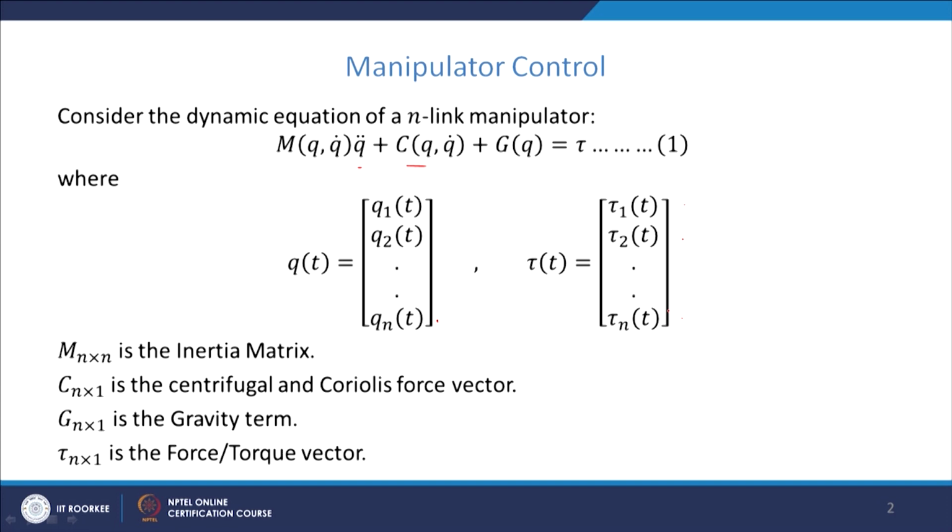For a revolute joint, tau i denotes the torque, and for a prismatic joint tau i denotes the linear force applied at that joint.